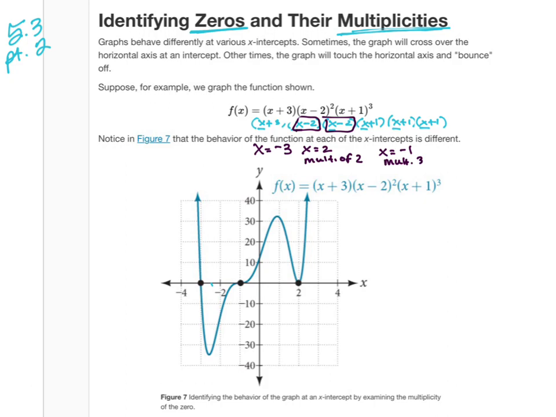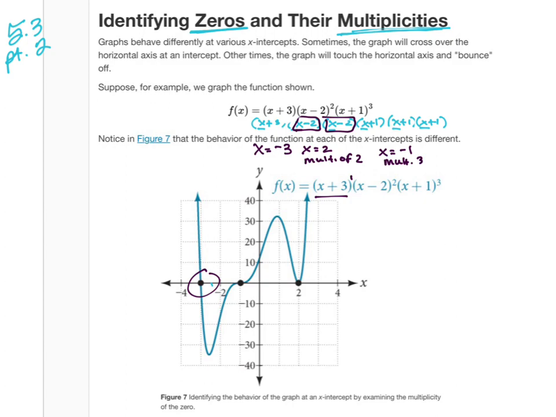So I want to look at what they actually look like. At x equals negative 3, that's this first zero. What was the multiplicity? 1. This is called a linear factor because it only occurs 1 time. Thus, when it crosses the x-axis, it looks almost linear.